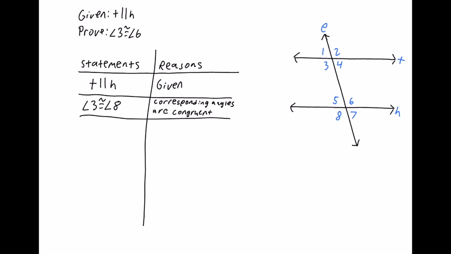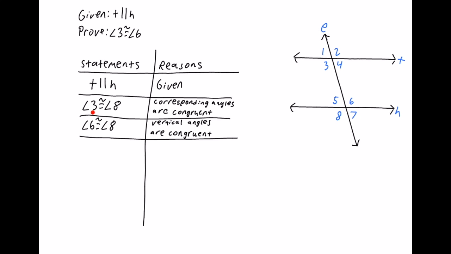Then from there, we have angle 8 and angle 6 are also congruent because they're vertical angles. Then finally, we can say that angle 3 and angle 6 are congruent because of the transitive property.